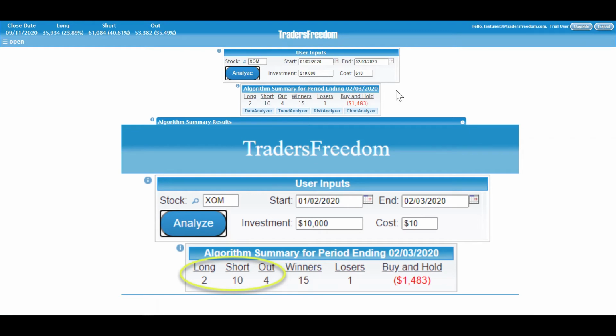How many of Freedom's 16 algorithms made or lost money during that time? In the case of ExxonMobil, 15 out of 16 actually made money. And how you would have done if you had just bought and held ExxonMobil stock and not followed any of Freedom's signals during the period you chose. In the case of ExxonMobil, a loss of almost $1,500.